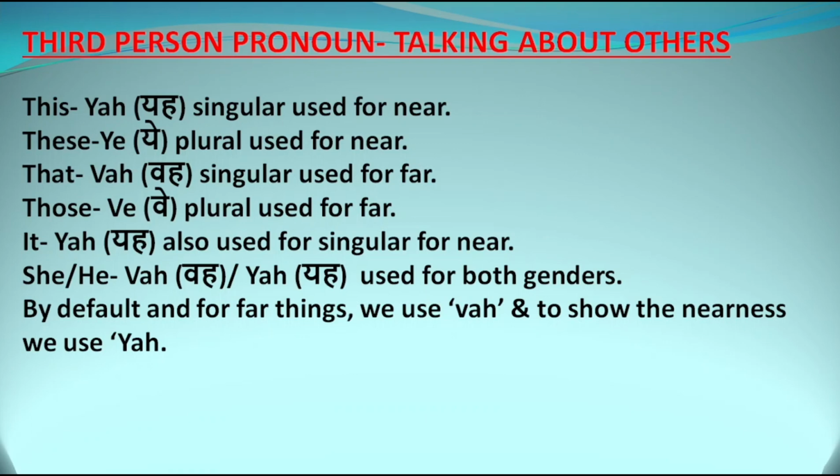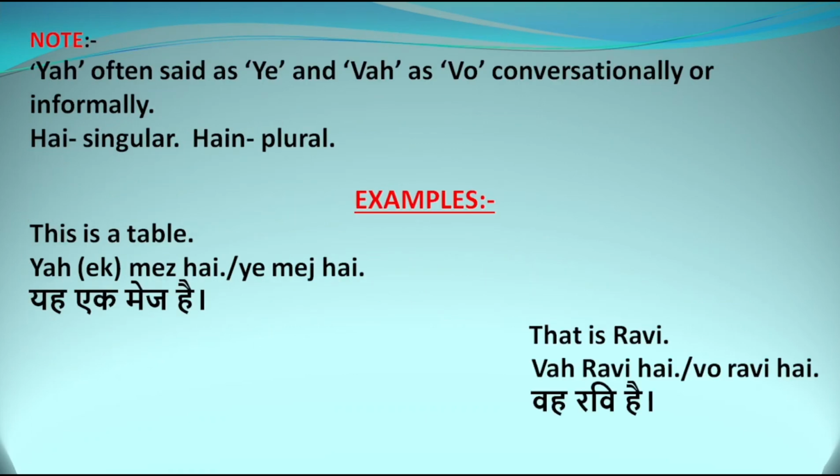Let's see some examples. Before that, there is one note, you can note it down. यह is sometimes said as ये, and वह we use as वो, conversationally or informally.